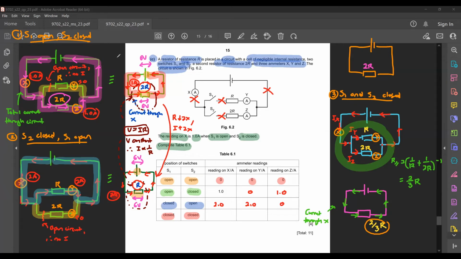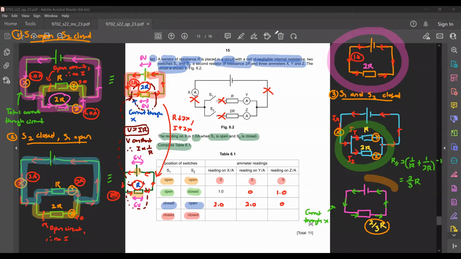If you recall what we did in the first circuit, we simplified it. When we simplified it, we got a diagram that looks like this. And from there, we also established that the current flowing through that simplified circuit was just going to be 1 amp. So now we want to make a comparison between this diagram and this diagram.